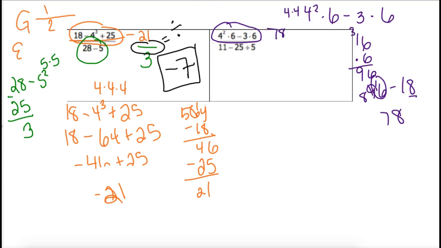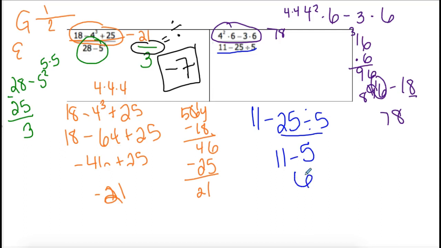If we look at the bottom, we have to follow GEMDAS again. So 11 minus 25 divided by 5. Excuse me, 25 divided by 5 is 5, and 11 minus 5 is 6.